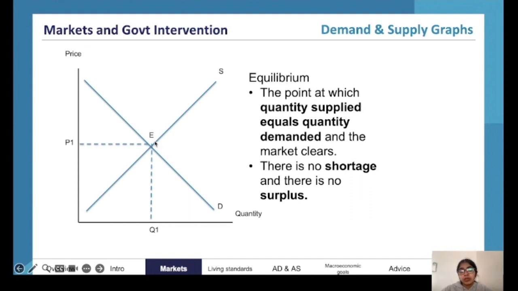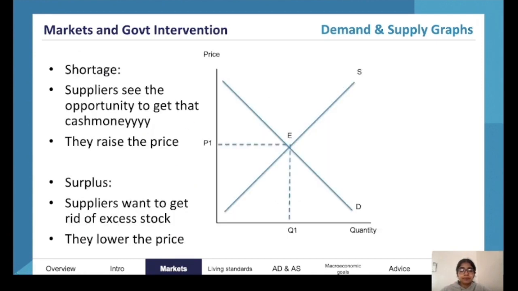The equilibrium is literally the point where the quantity supplied is equal to the quantity demanded, and there's literally no shortage, no surplus. Shortage is too little produced, so demand is more than supply, and surplus is too much produced, demand less than supply. So we want to make sure demand and supply are equal. We'll talk about graphing and everything later on as well.